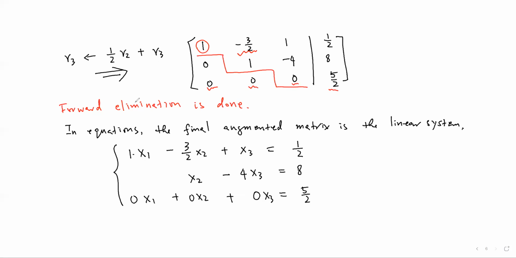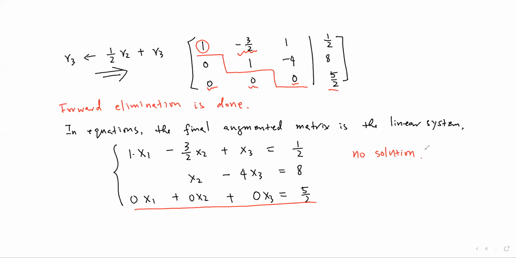Because of the third equation, no matter how you assign values to x1, x2, x3, you cannot make the third equation a true statement, right? 0, of course, is not 5/2. So no solution.